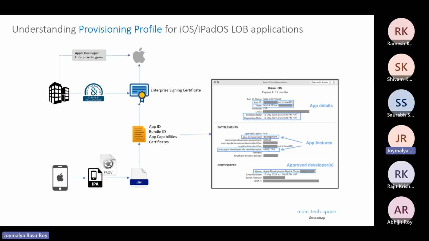So why is a provisioning profile required in the first place? So that the app is authenticated and authorized by Apple. Because Apple is a closed ecosystem and does not allow many third-party applications to run on their devices. They do allow third-party applications, but they thoroughly check and only then allow.